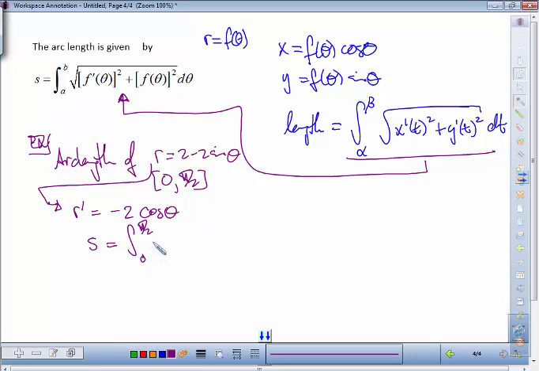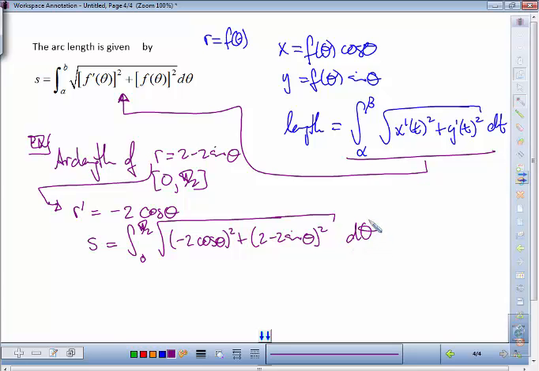Those are the limits that we were asking for. And then the square root of, the first one is the derivative. They're adding, so it doesn't really matter which one goes first. And the negative doesn't matter either because it's going to be squared. And then the original function.